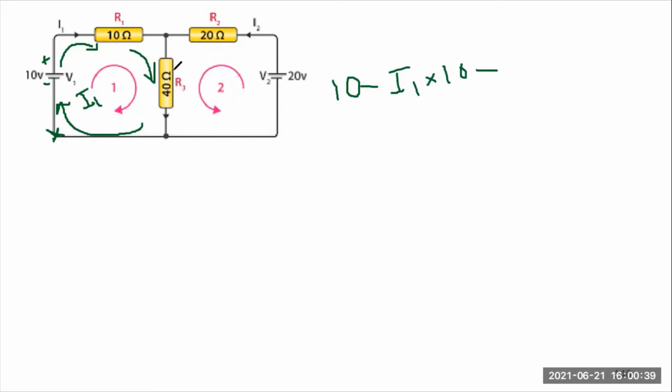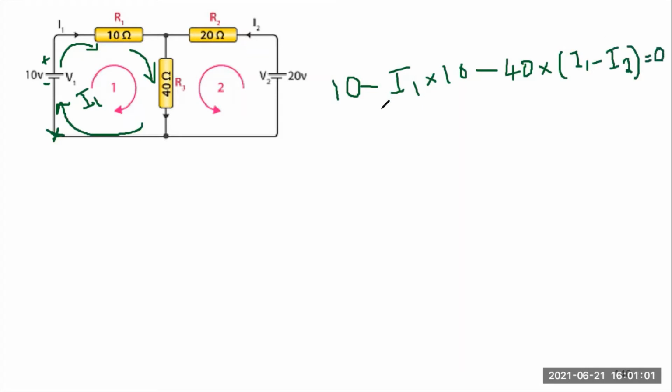So here you are supposed to take care. It's a common branch. Therefore, I'm going to take the voltage drop as 40 into (I1 minus I2) equal to 0.